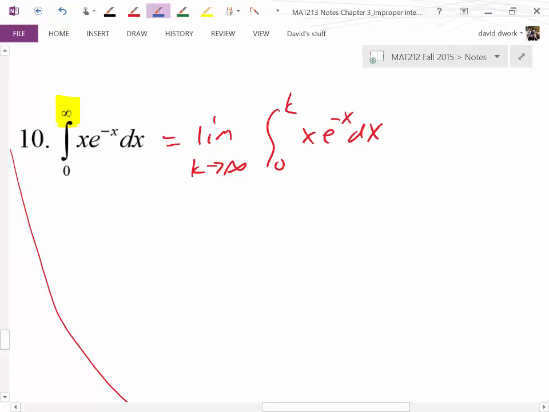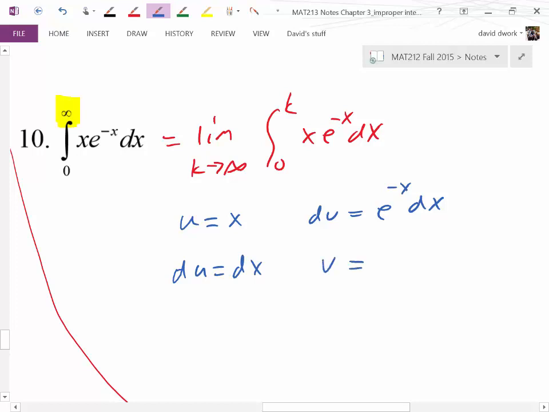I can let the thing I take the derivative of, u, be equal to x, and the thing I take the integral of, dv, or v prime, whatever notation is used in your class, be e to the negative x dx. So I take the derivative of this. So du is equal to dx, and the integral of dv would be v.